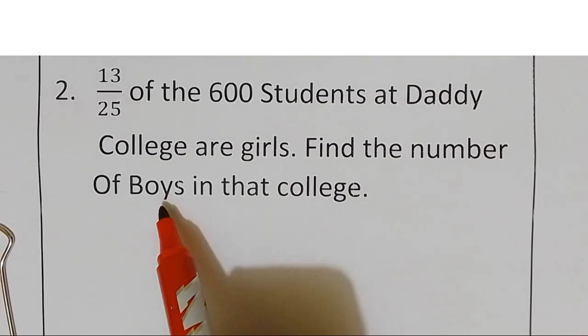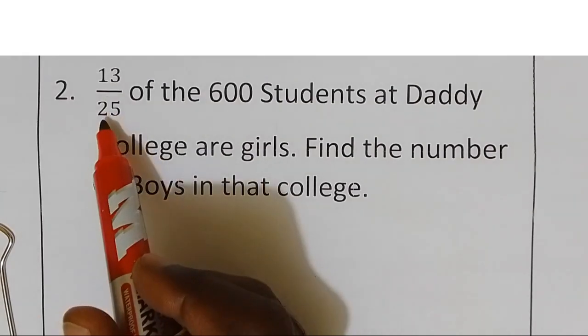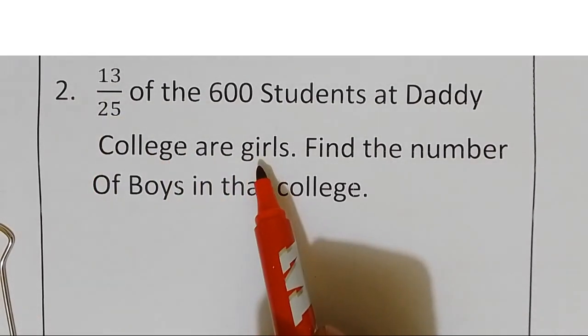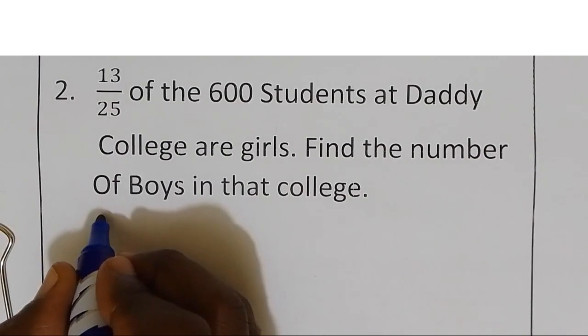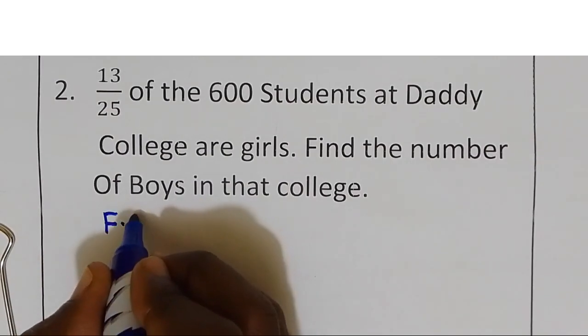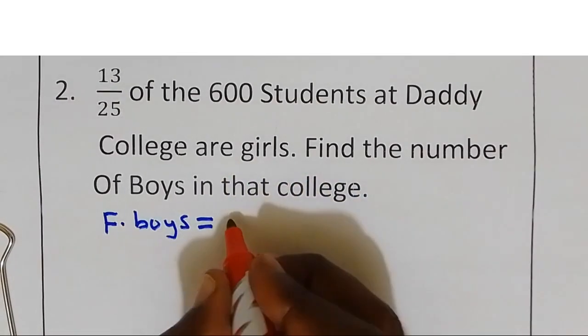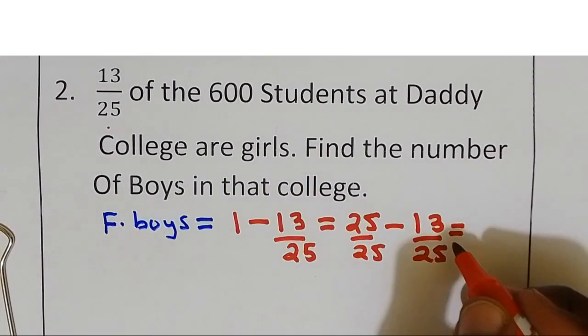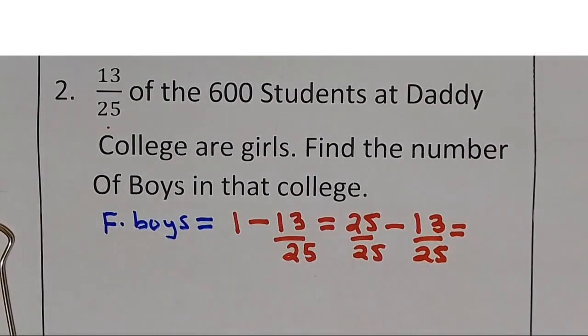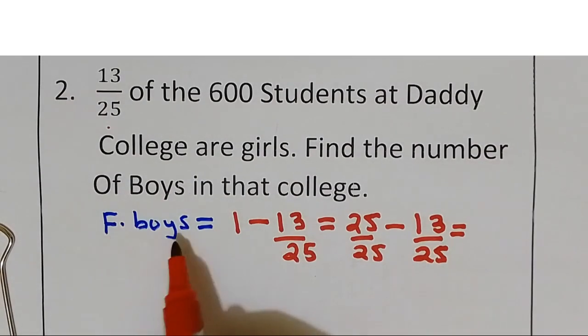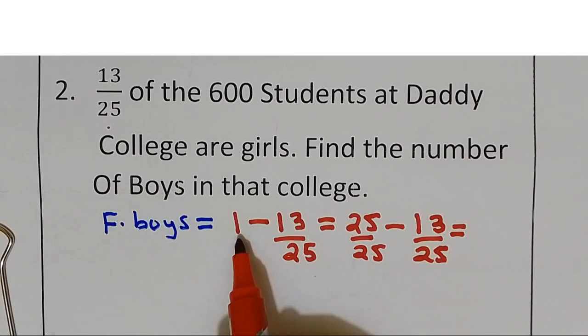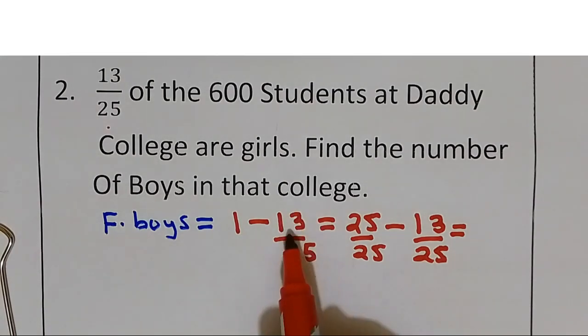The whole number of students is represented by the whole number 1. So, to get the number of boys, we are going to take 1, take away the fraction of girls. So, fraction of boys is equal to one whole number, that is total number of students in fraction, take away the fraction of girls, which is 13 out of 25.